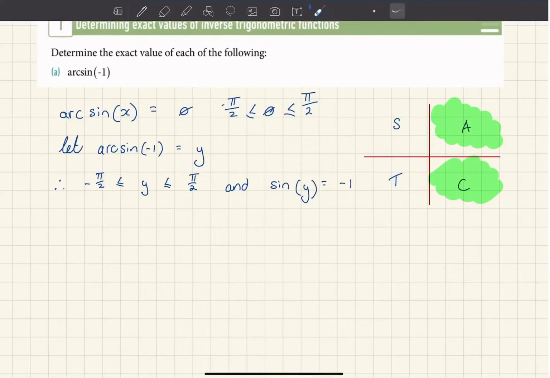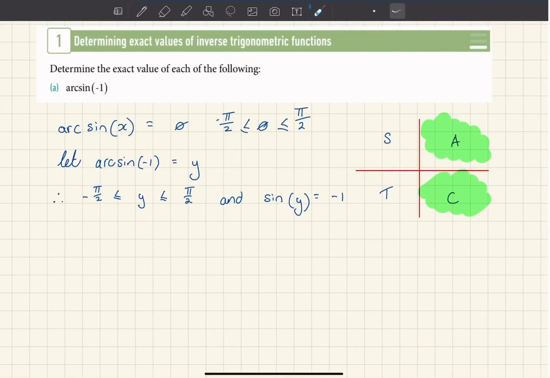Then just take this arc sine to the other side, and we have the sine of y equals -1. So think about, on a sine graph, where is the sine of y equal to -1, and that is at -pi/2.